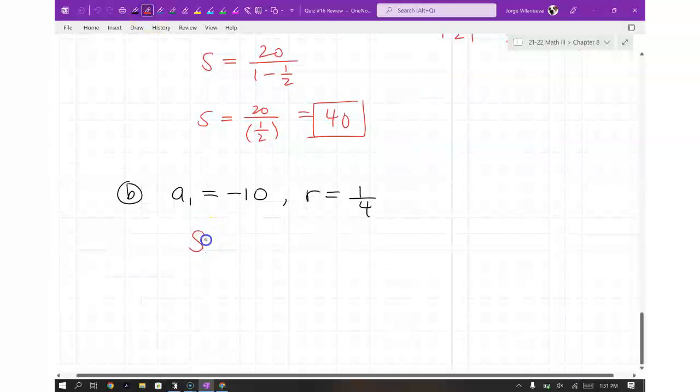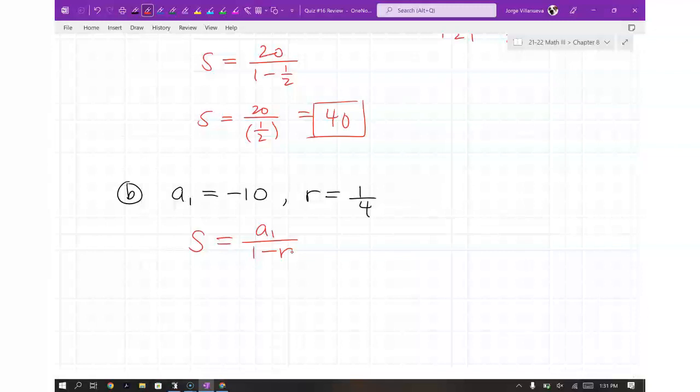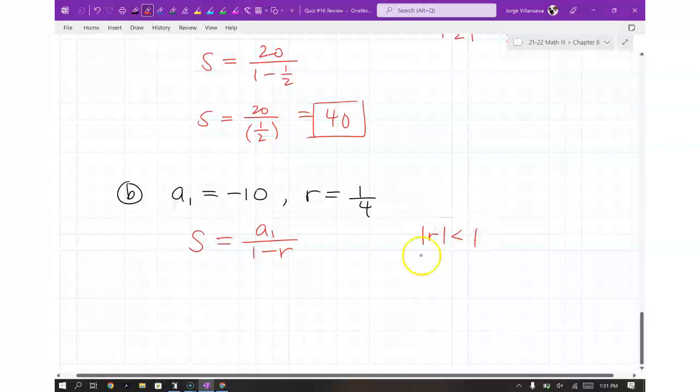Since there's no n, then I get to use this formula. Before I use that formula, I got to make sure that my r value in its absolute value is less than 1. So remember, absolute value of r has to be less than 1. So r is a quarter. The absolute value of a quarter is a quarter, which is less than 1. So this is good, okay? It works out.